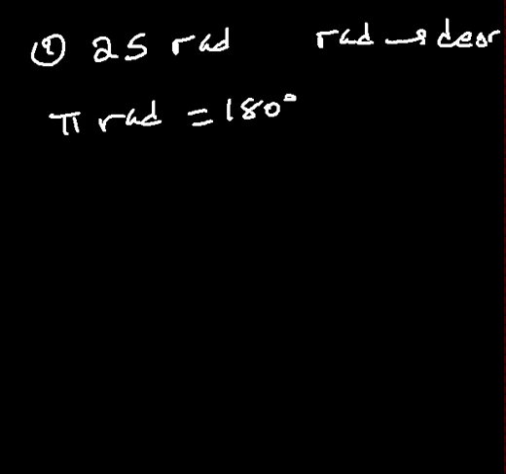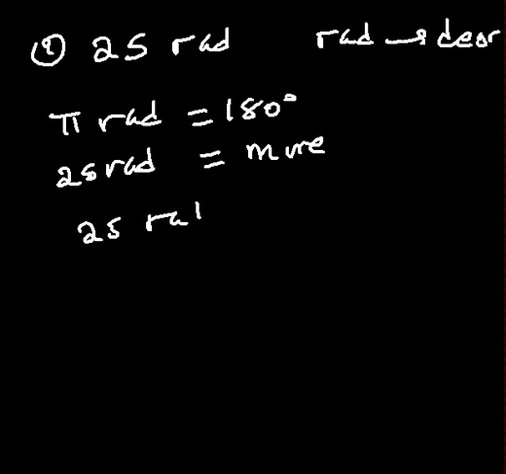So using this, how about if we have 25 rad? How do you think you can have that? In this case, we'll have it as 25 rad divided by pi rad times 180 degrees.